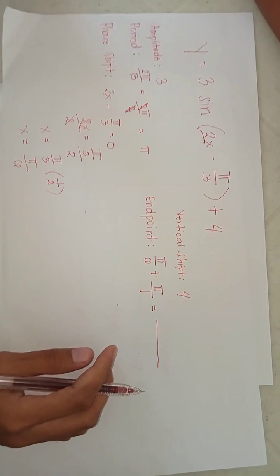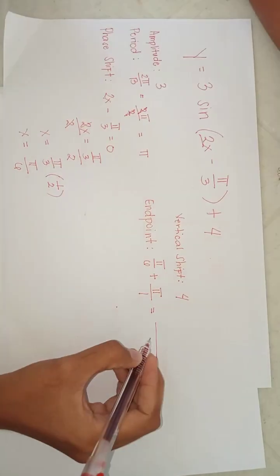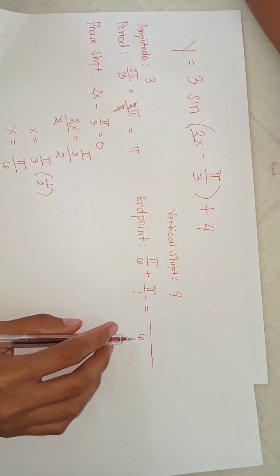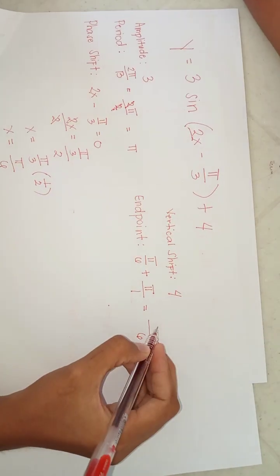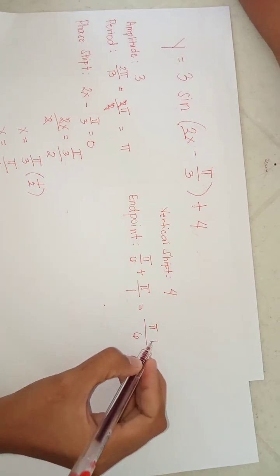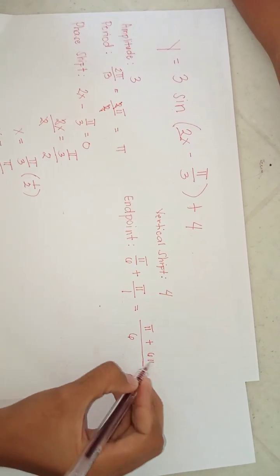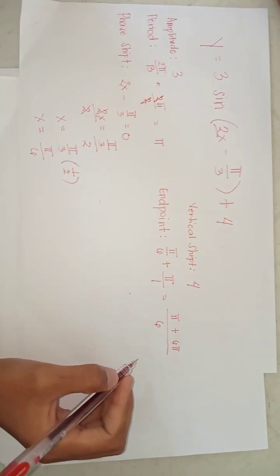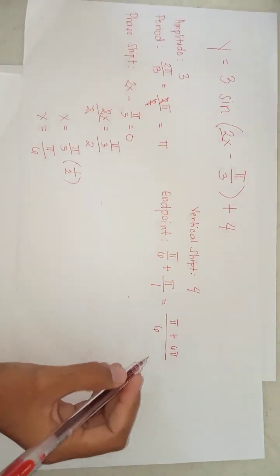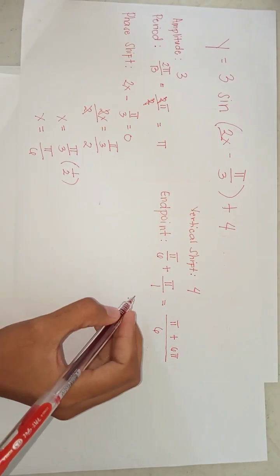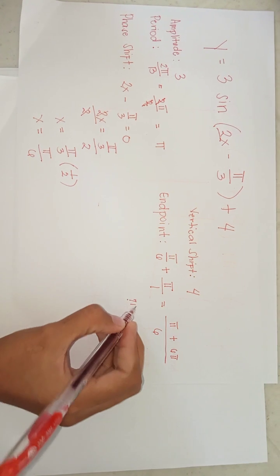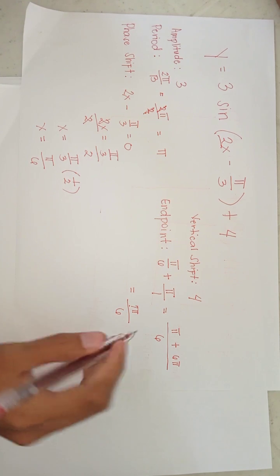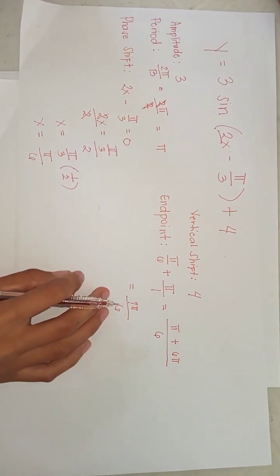So first we get the LCD, which is 6. Now we have pi over 6 plus 6 pi over 6. Now we can add since it is similar fraction already. And now the answer is pi plus 6 pi equals 7 pi over 6. And now this is our endpoint for our graph.